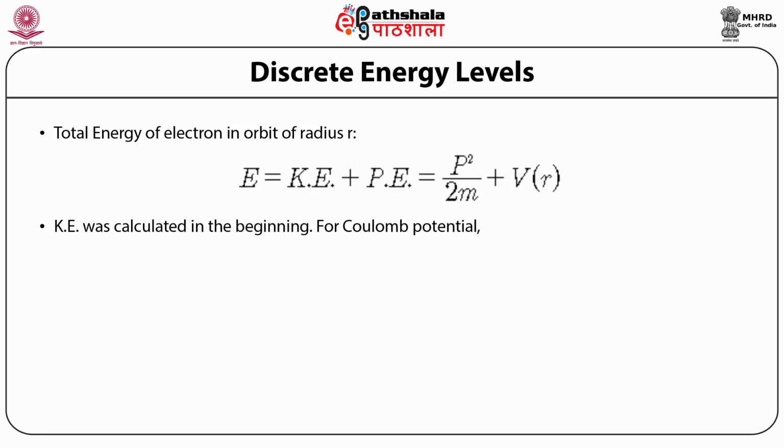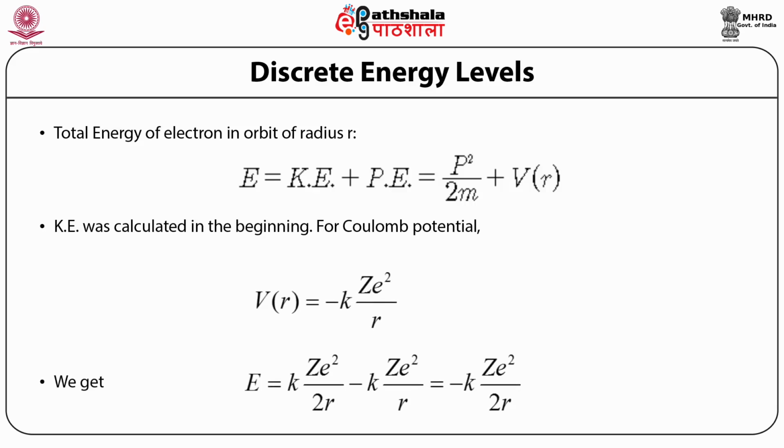So finally we get the energy equal to the sum of kinetic and potential energies, and it turns out to be minus Ze squared by r multiplied by the Coulomb constant k. So we find here that the energy of an electron in the bound state is negative. Now, why is it negative? Because the potential energy sort of outshines the kinetic energy, right?